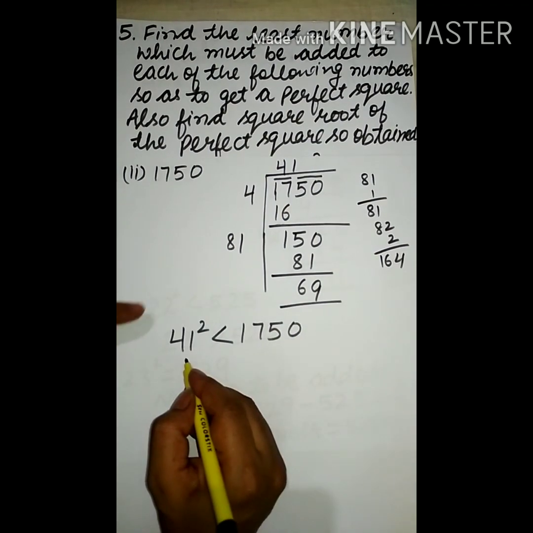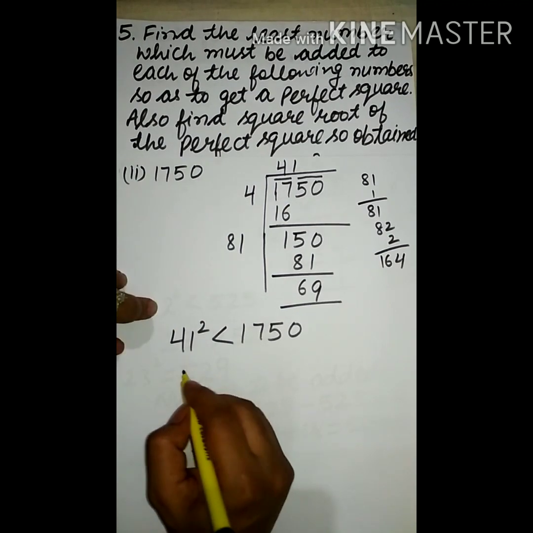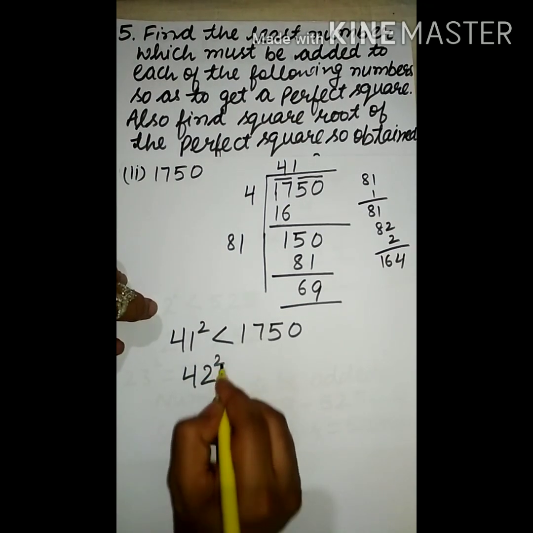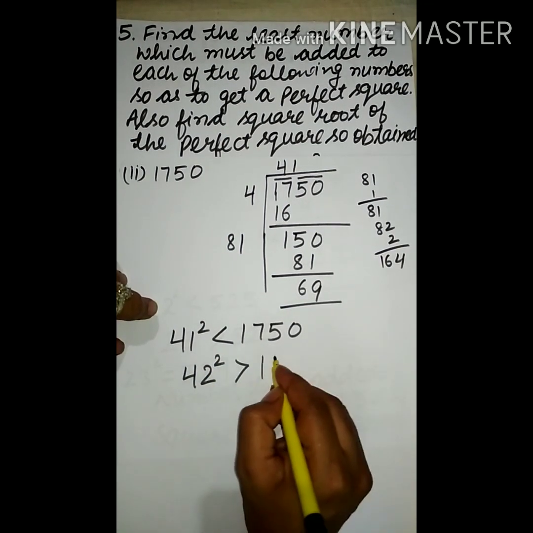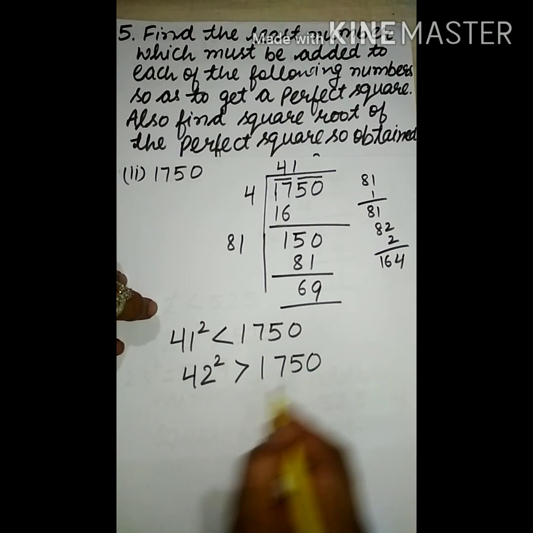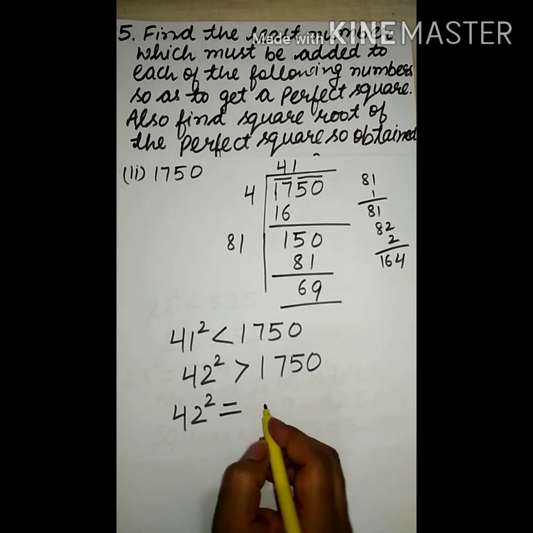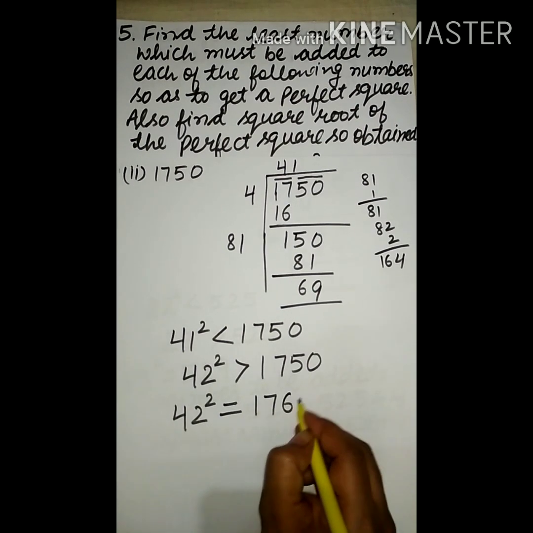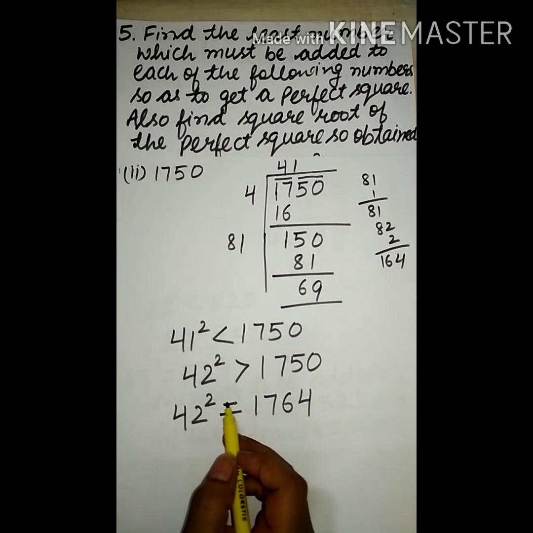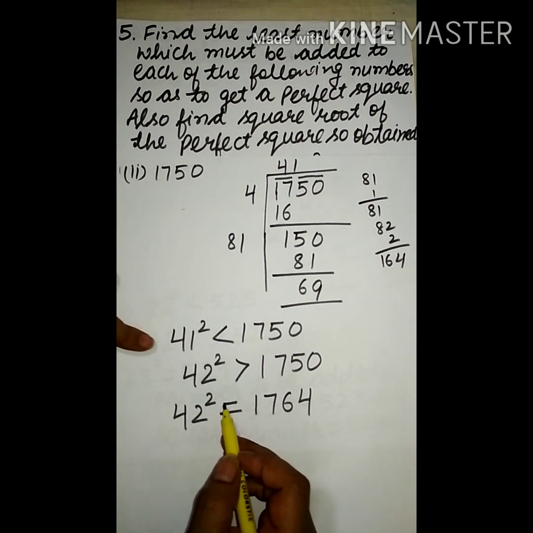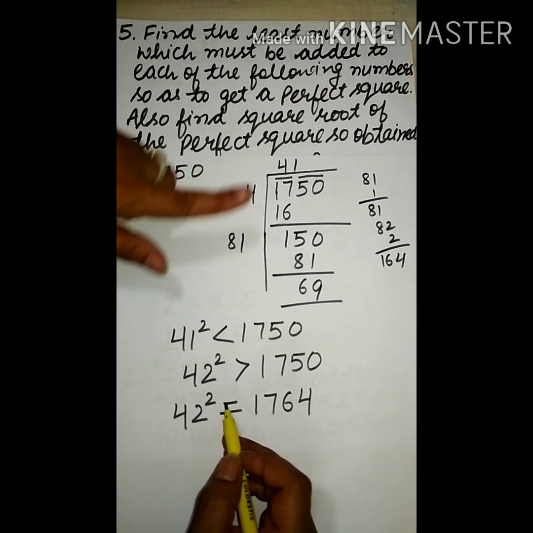So students, in the next step we will see the next number, and next to 41 there is 42. So the square of 42 will be greater than 1750, and the square of 42 is equal to 1764. Now always students, you have to do the same step.